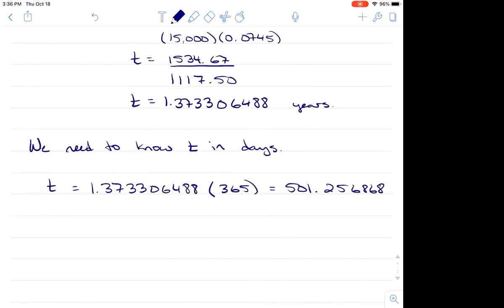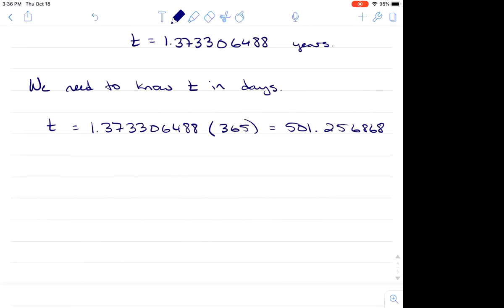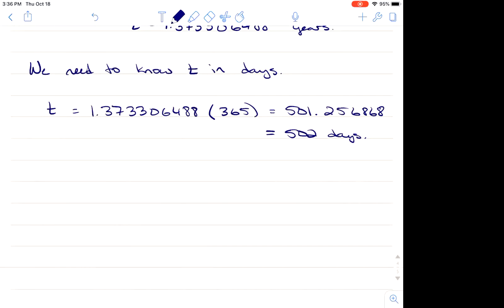We've seen this before, where we can't have 0.256 of a day. If she repaid on the 501st day, it wouldn't be quite enough, so we have to round up to 502 days. We always round up for the number of days.